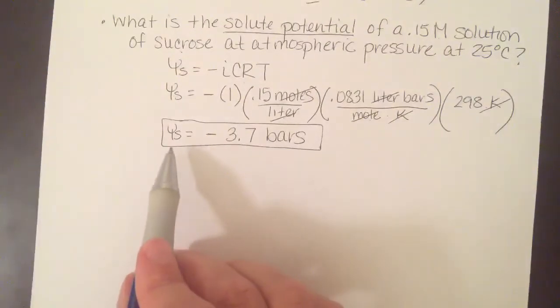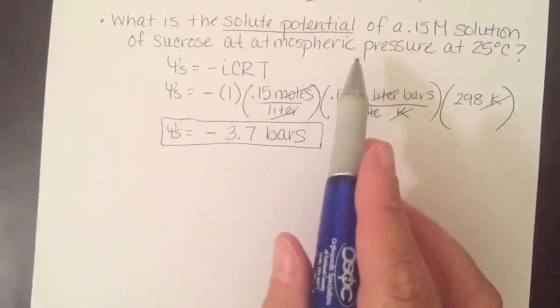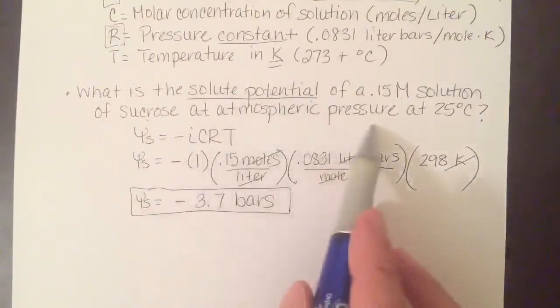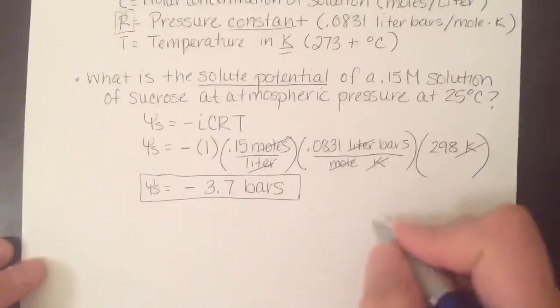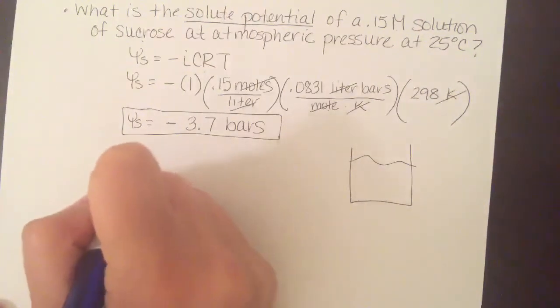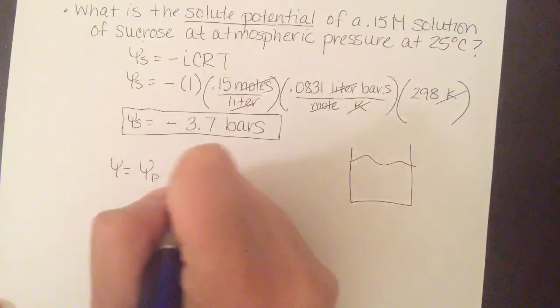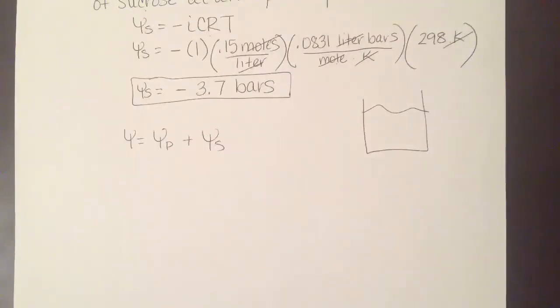So let me ask you this. If this solution is exposed to the atmosphere, it says atmospheric pressure. That's my clue that it's open to the atmosphere. So I have a solution that's open to the atmosphere. What is my water potential? Water potential is pressure potential plus solute potential. Can you answer that?